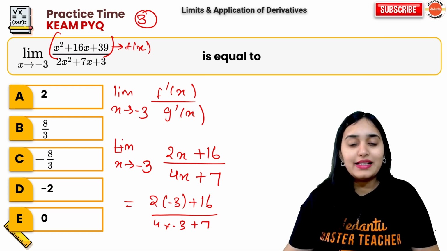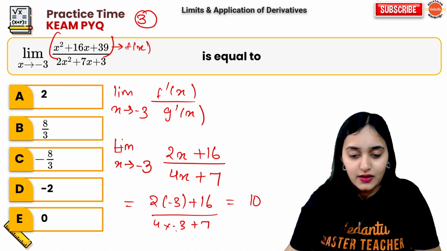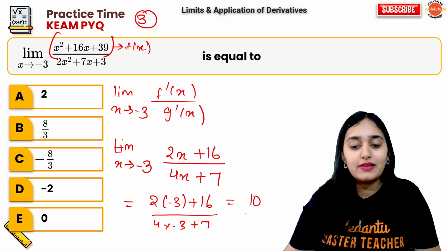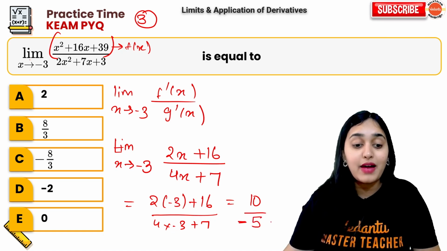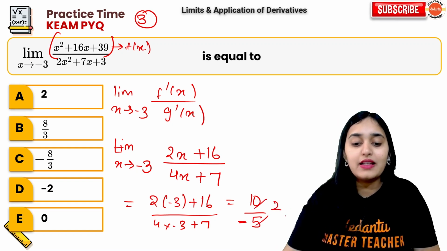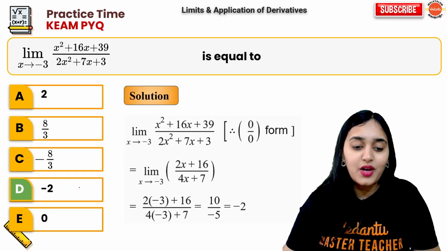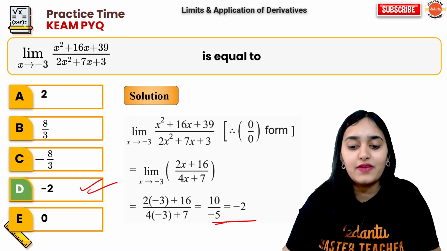So 3 2s are 6. 16 minus 6 is 10. 4 3s are 12. 12 minus 7 is 5. But since here minus 12, so it is minus 5. So the answer is basically 10 upon minus 5, which is minus 2.